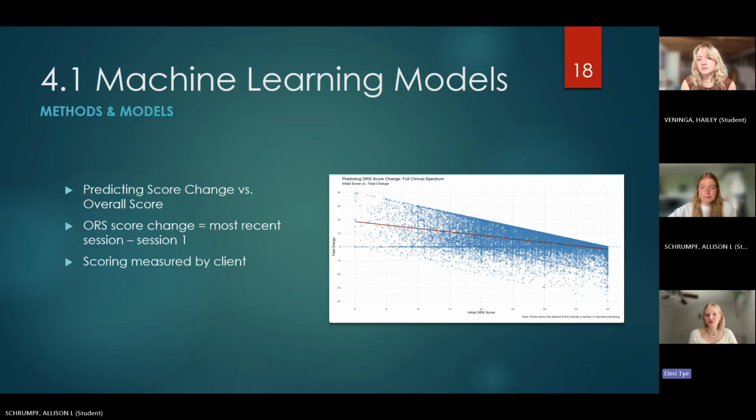So this will show that downward trend that we do see because as the initial score increases, the opportunity for the score increase is reduced.